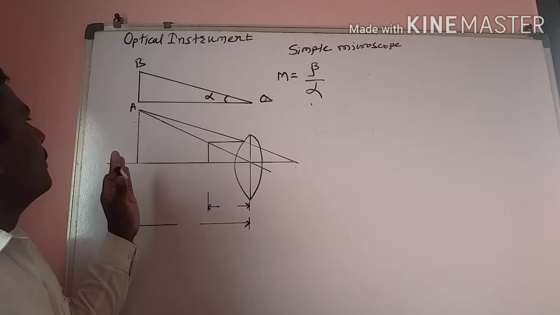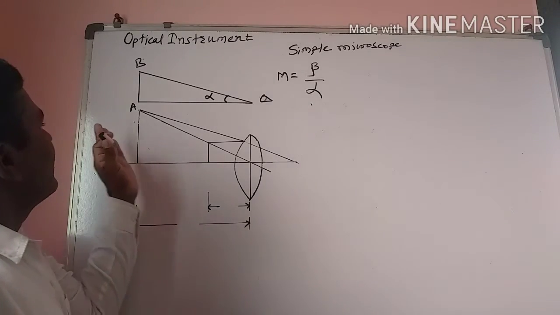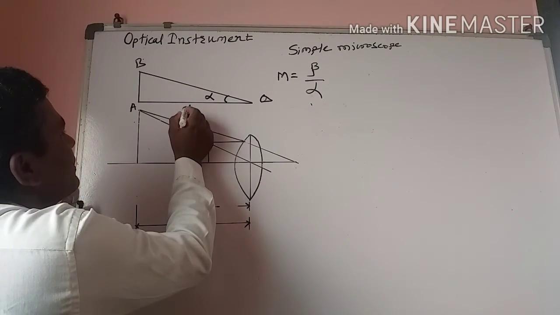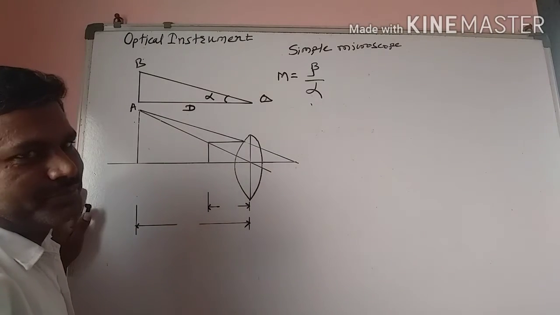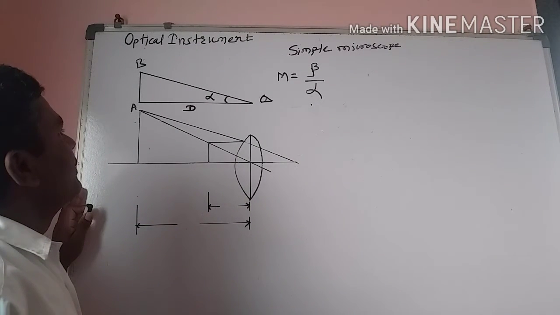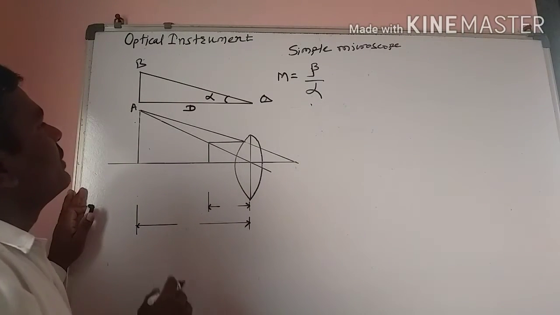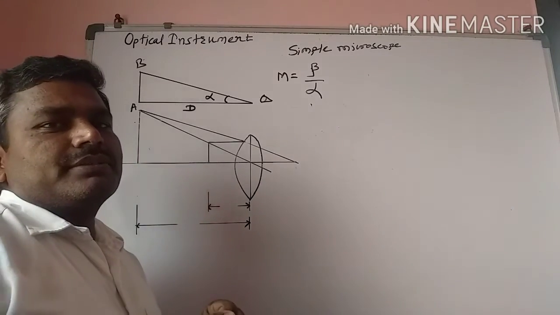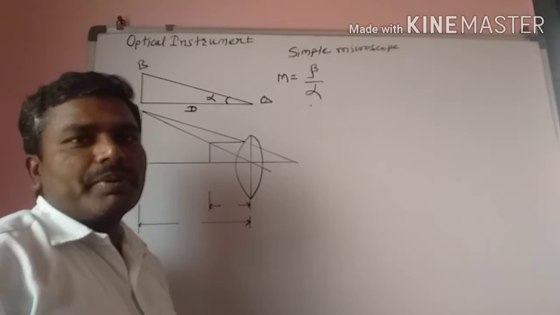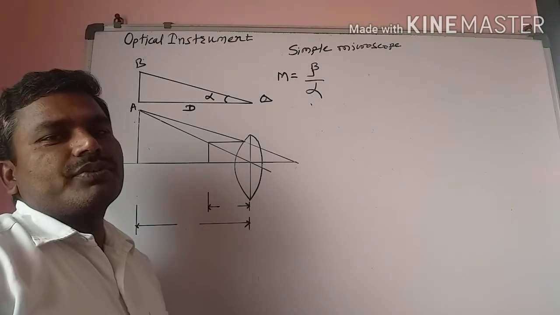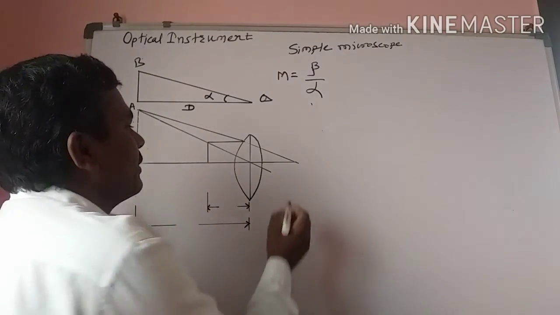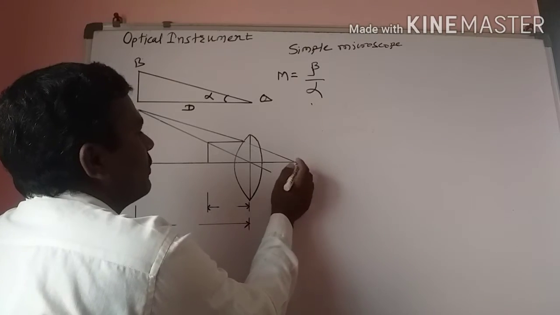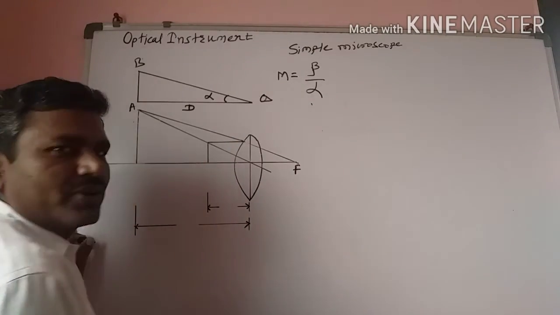When we see it, that distance is the distance of distinct vision. For the simple microscope we should take the object within the focus. This is the focus point where the rays converge, and this distance is called the focal distance.